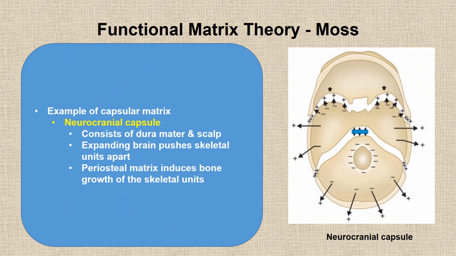Now, an example of a capsular matrix is the neurocranial capsule, which consists of dura mater and scalp, and the expanding brain pushes skeletal units apart, and the periosteal matrix induces bone growth of the skeletal units.